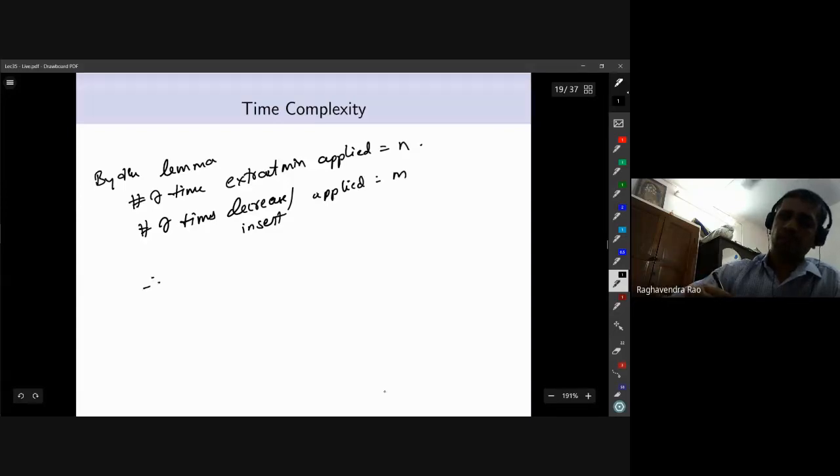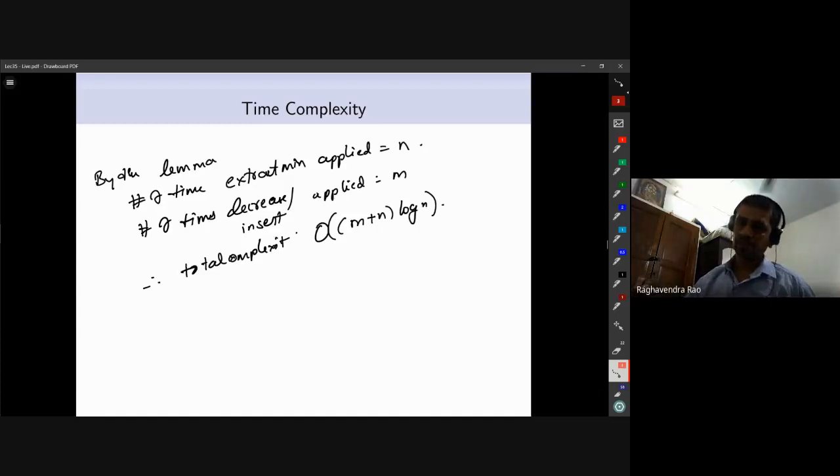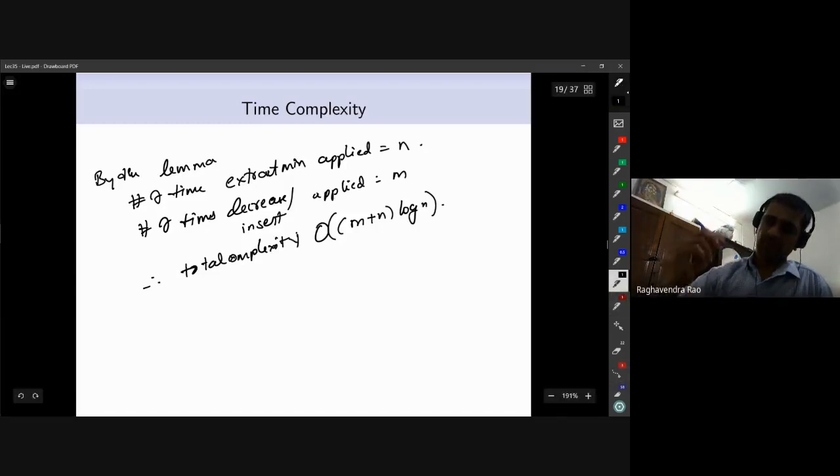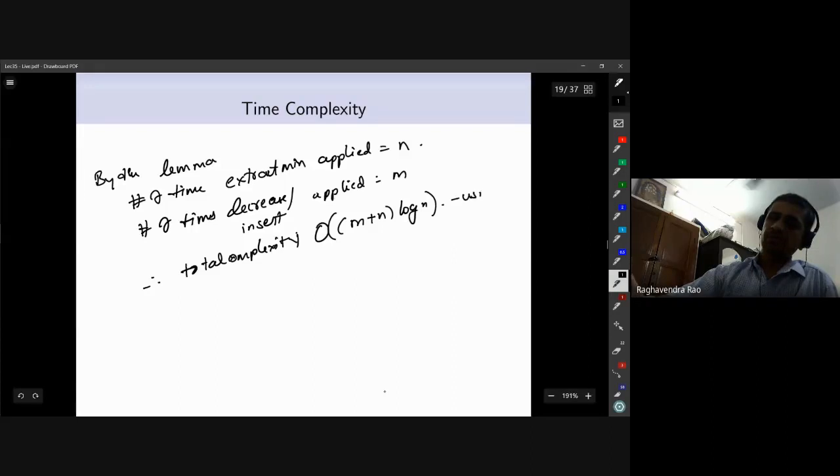Therefore the total complexity is order of m plus n times log n. We are assuming a heap implementation of priority queues, so the overall complexity of Dijkstra's algorithm is order of m plus n log n using heaps.